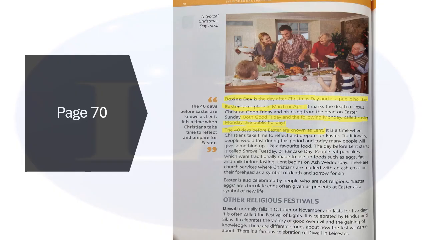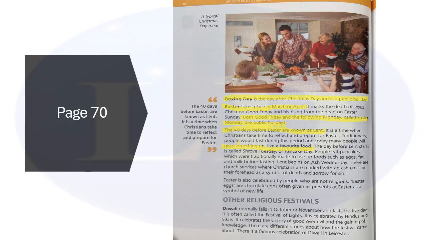Traditionally, people would fast during this period, and today many people will give up something like a favorite food. So normally people fast, but if they don't fast, they give up one thing. For example, if they like roast chicken or rice, they would not eat that. So it's a kind of fast.